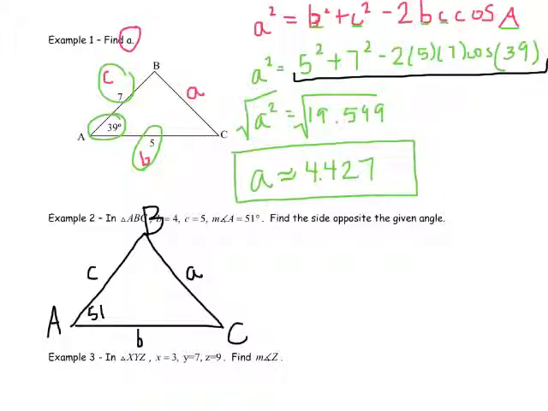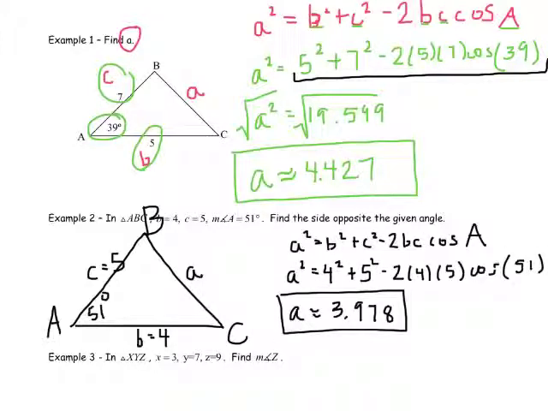And we're told lowercase b is 4 and lowercase c is 5. So this is really just like that example that you just did. So why don't y'all go ahead and do this on your own. Go ahead and pause the video. So I got a is approximately 3.978. Okay.